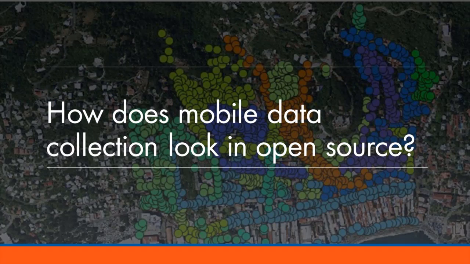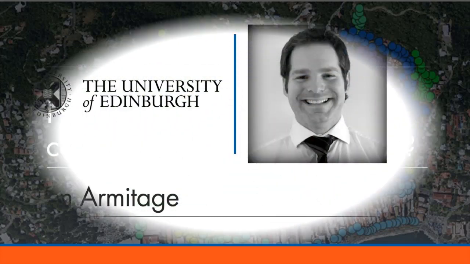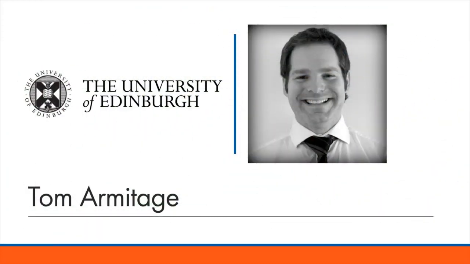I think it's a really exciting time for mobile data collection in the open source side of things. We've got two projects now, two really, really good, well-resourced, well-funded projects: Input and the cloud storage for Input called Mergin, which are being developed by Lutra Consulting based here in the UK.